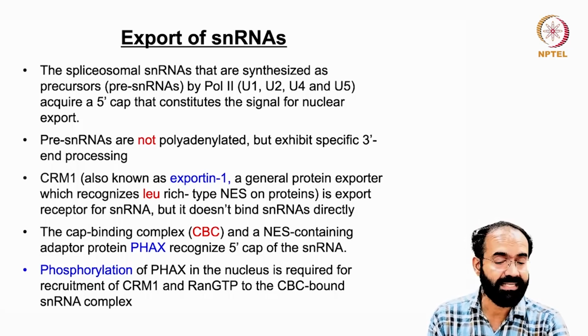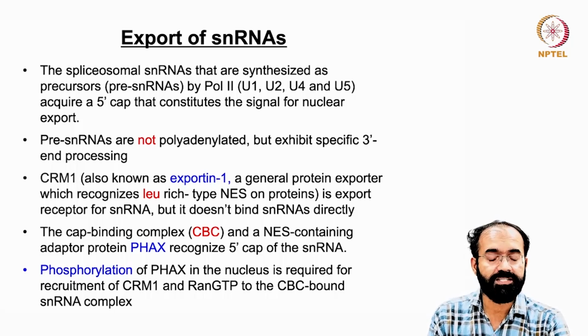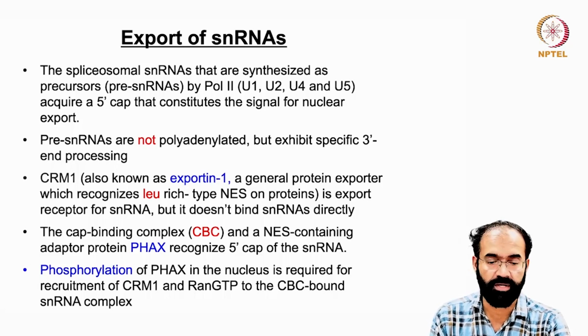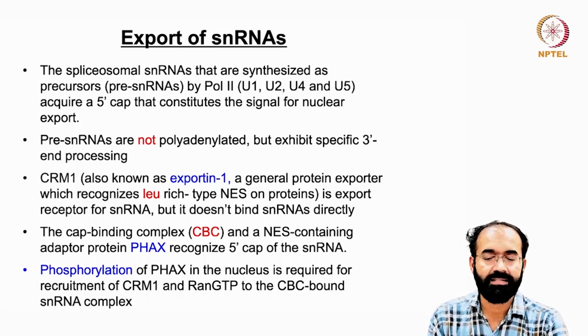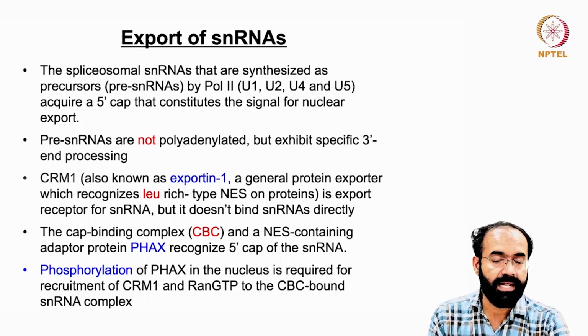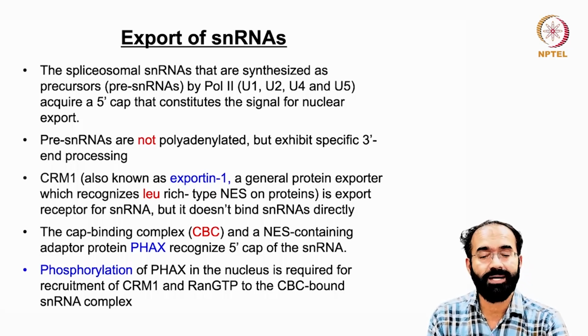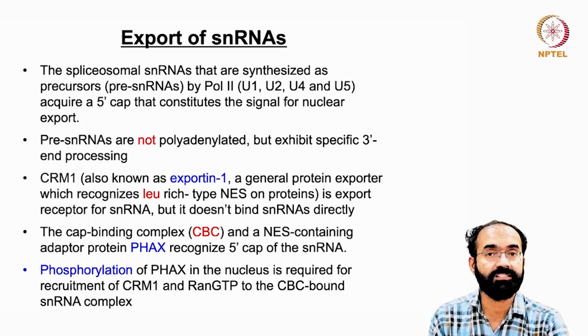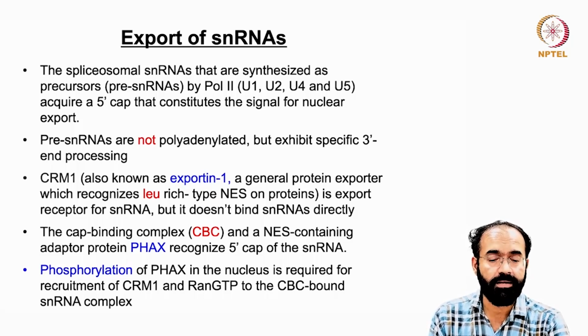We know phosphorylation changes the structural and functional property of a target protein. Phosphorylation of PHAX in the nucleus is required for the recruitment of CRM1. We saw CRM1 is similar to exportin, this carrier family protein, and exportin 1 is another name.